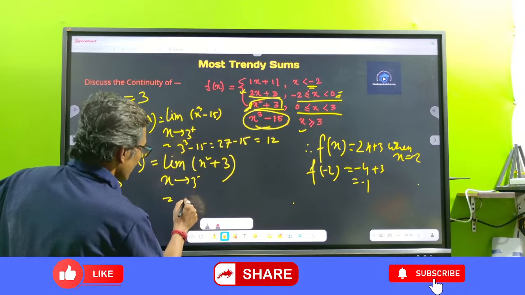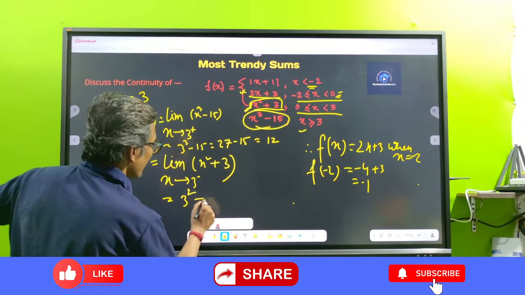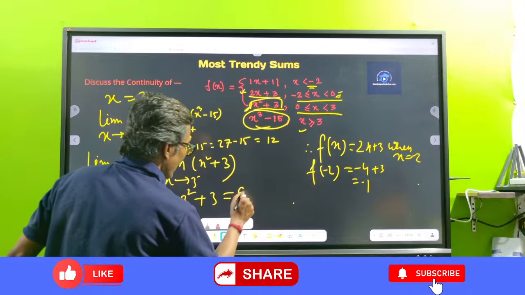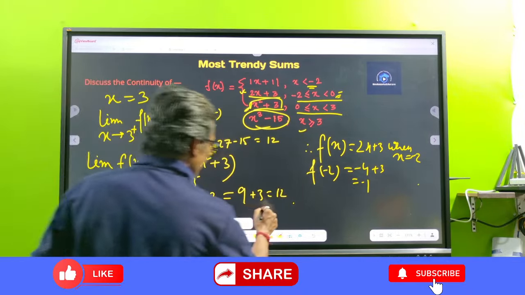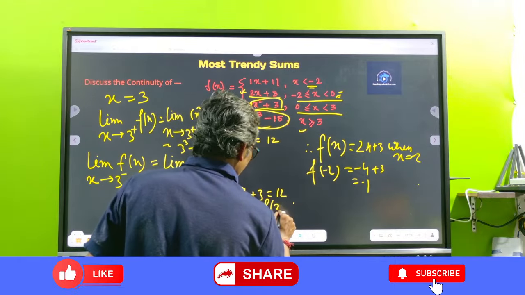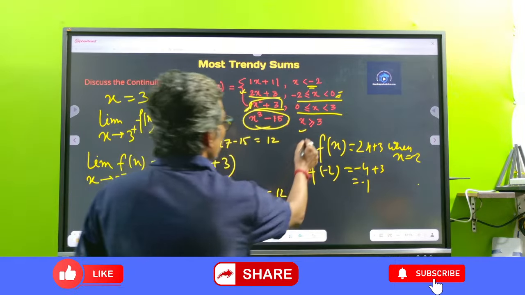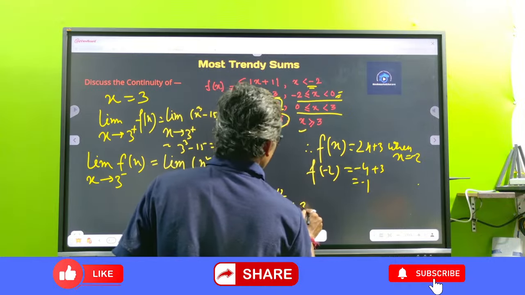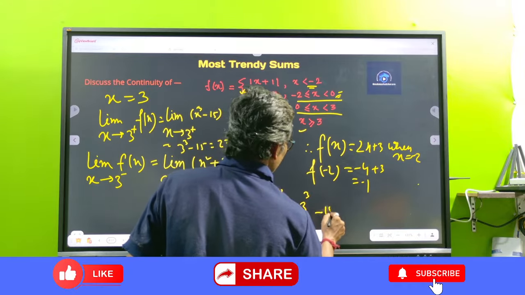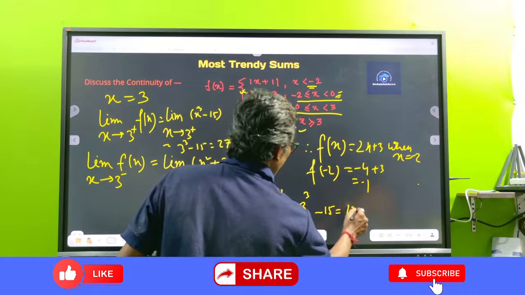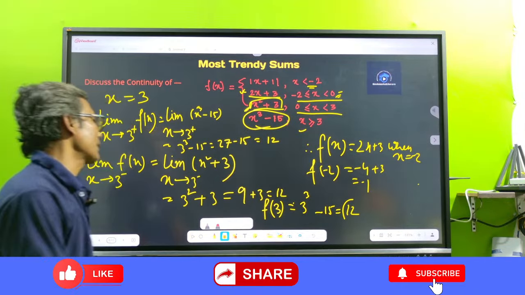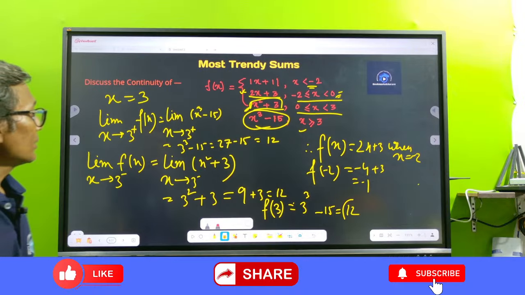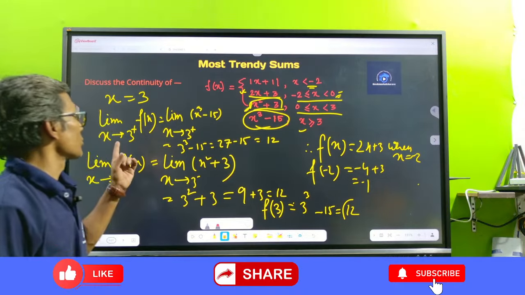So 3 square plus 3 is equal to 9 plus 3 is equal to 12. And the value of the function at 3, 3 cube minus 15, is equal to 12. So these three values are same. That is why we can say the function is continuous at the point x is equal to 3.